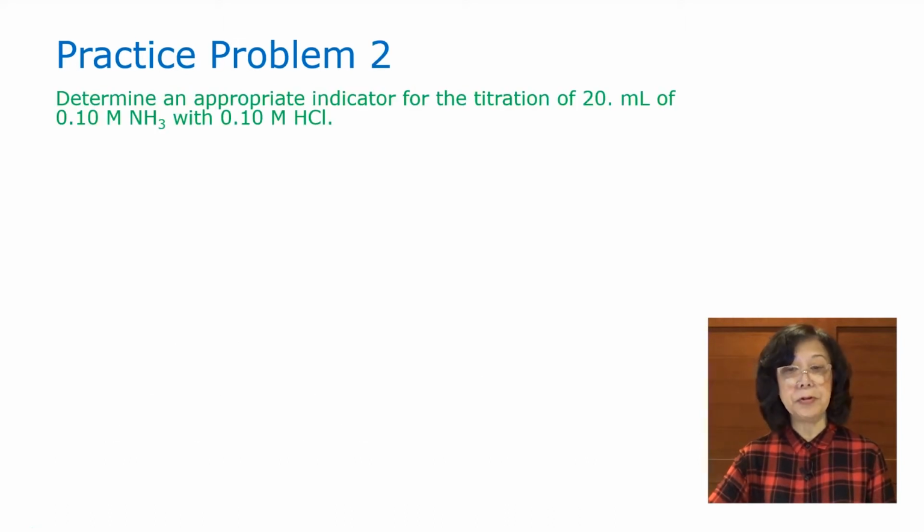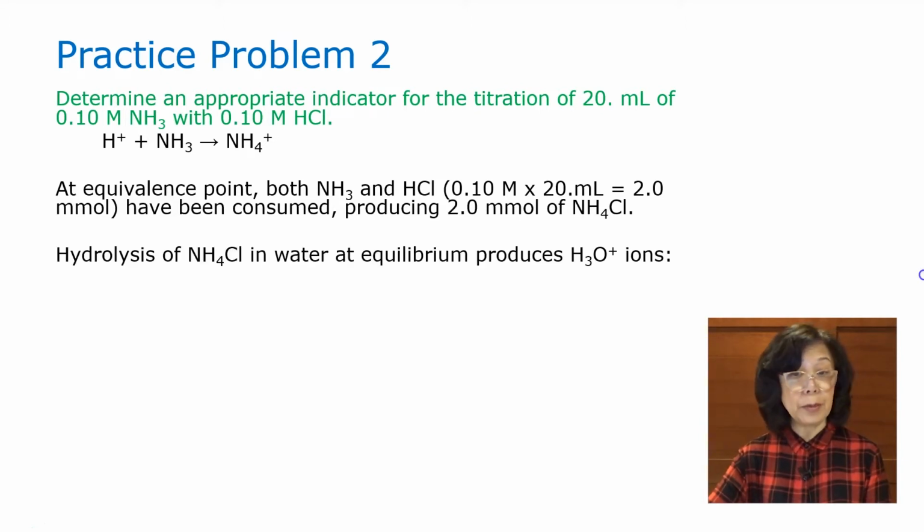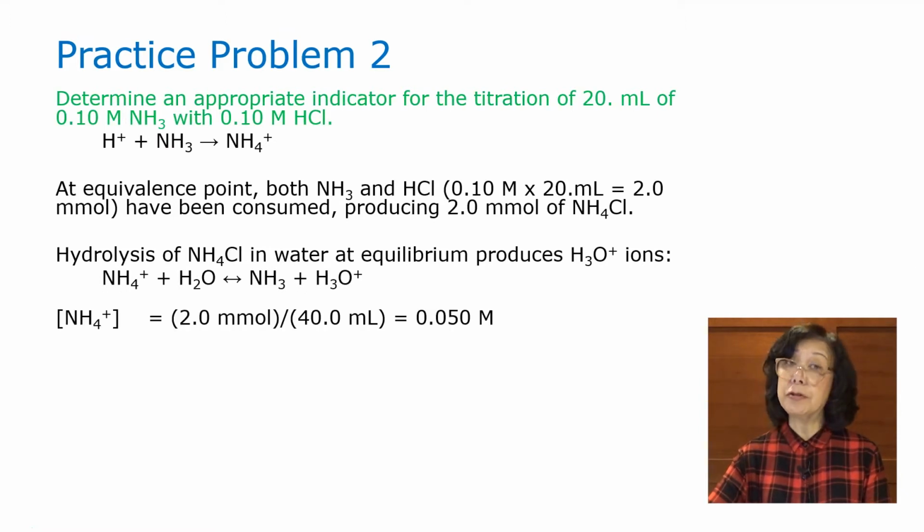Practice problem number 2, we have a titration of 20 milliliter of 0.1 molar ammonia with 0.1 molar HCl. Find the appropriate indicator. Now we write the net ionic equation of hydrogen ion with ammonia to form ammonium. At the equivalence point, both the hydrochloric acid and the ammonia are used up. So we make the ammonium chloride, the salt, which is 2 millimole, and it will hydrolyze in water to form hydronium ion.